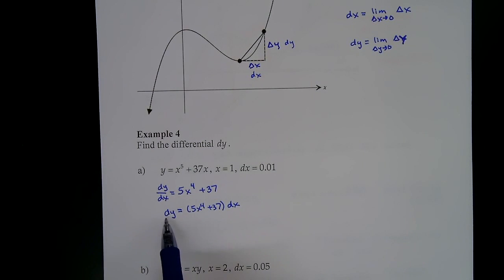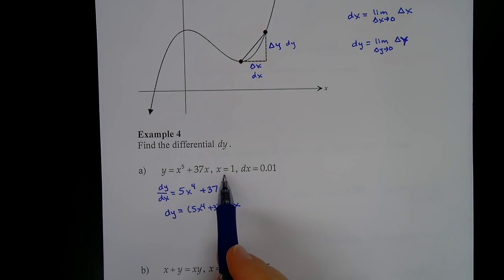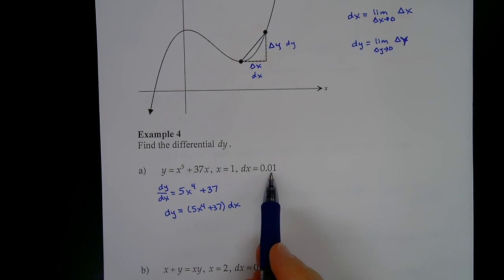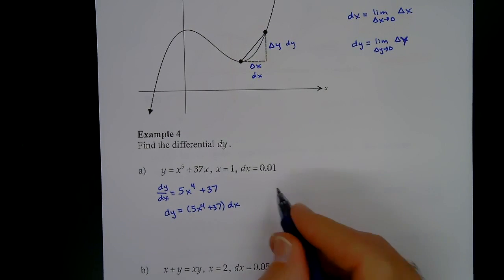How much the y changes is dependent upon the x you pick, and also how much you change the x. So we want to find, if x equals 1 and we change dx by 0.01, how does that affect the delta y, or dy?